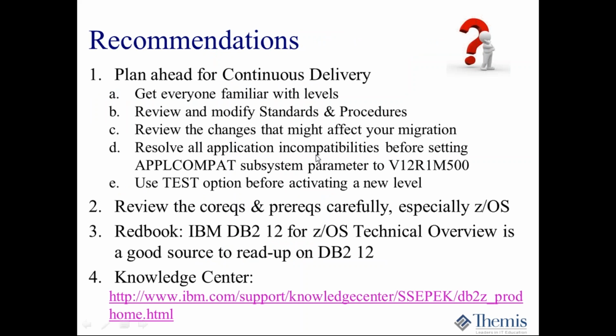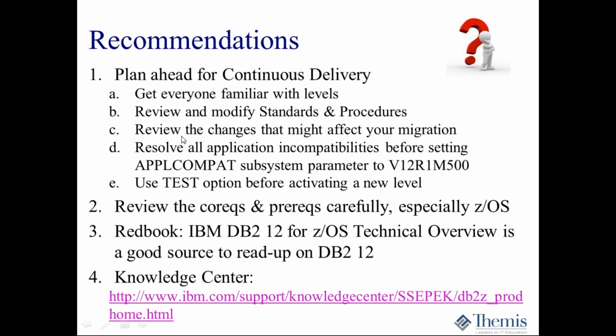So as far as I'm concerned, plan ahead for continuous. Get familiar with the levels. Review your standards and procedures. And make sure you do go out there and look at the changes that may affect your migration.